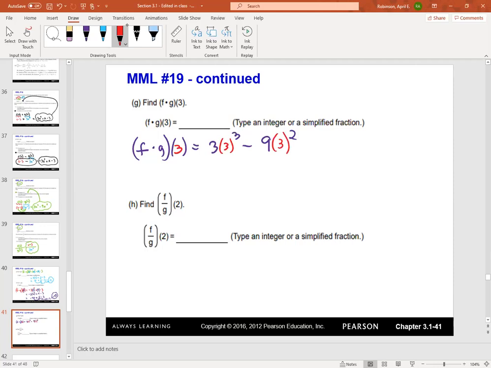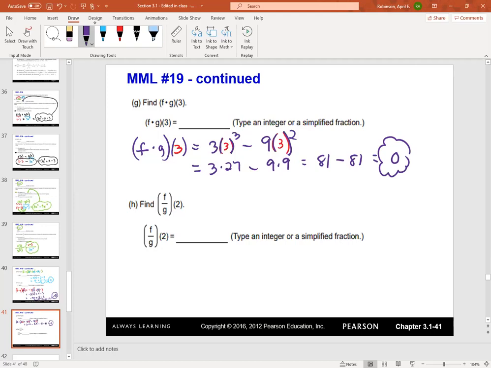Just take out the x and stick in the 3. Now it's order of operations. Or just plug it all into your calculator, but I like to show a few steps. 3 cubed is 27. And 3 squared is 9. And 3 times 27 is 81, and 9 times 9 is 81, and 81 minus 81 is 0. Oh man, we just did that problem for nothing. Get it? We get an answer of 0. Did it for nothing.